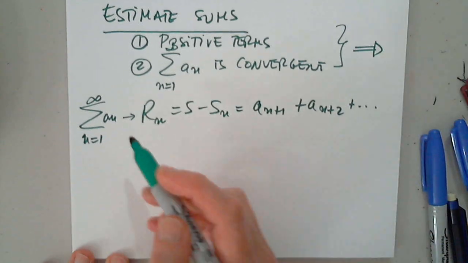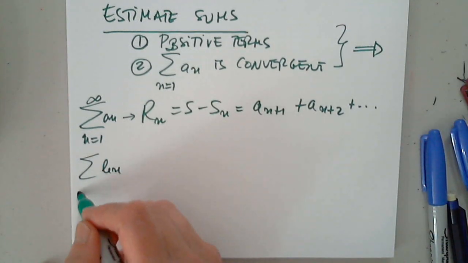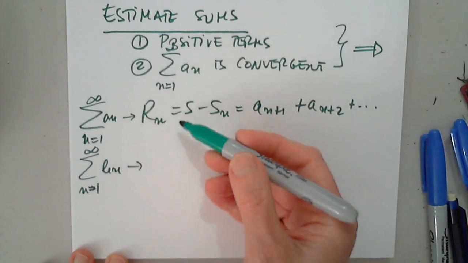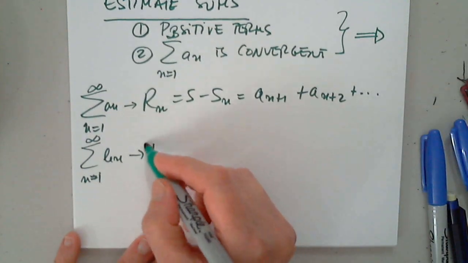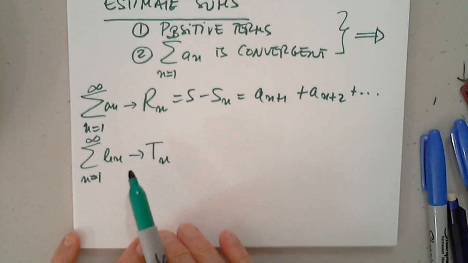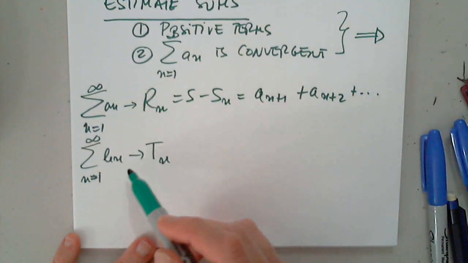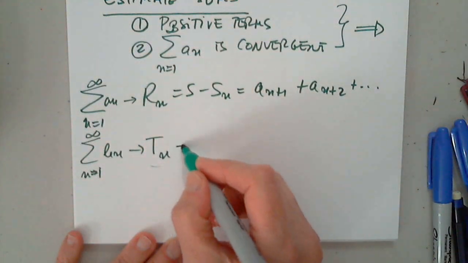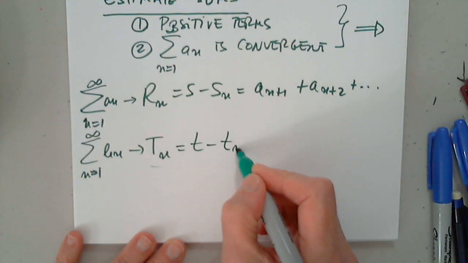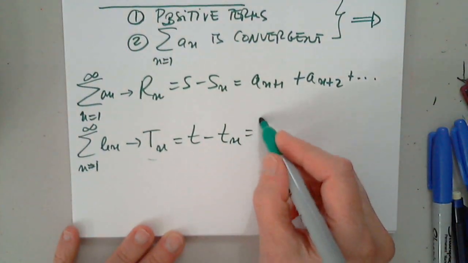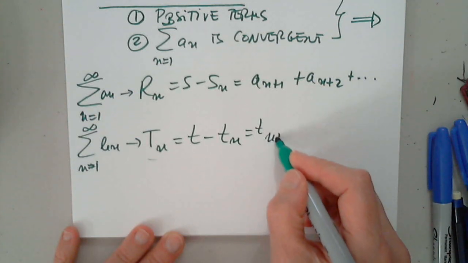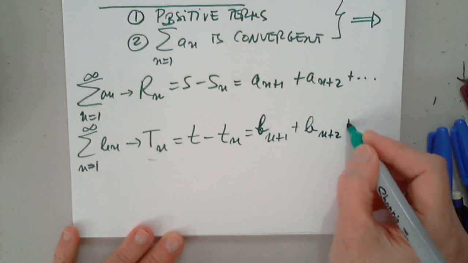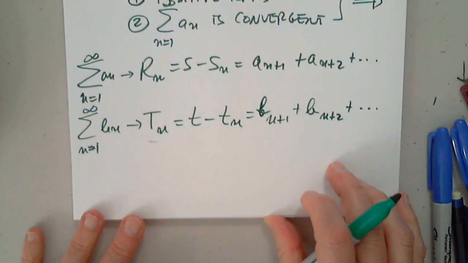But we also have the other series, Bn, and we have to differentiate between the two, so we are going to denote the remainder for this series when we approximate with a particular n partial sum. So this is T minus Tn, and this of course is b n plus 1, b n plus 2, and so on and so forth.